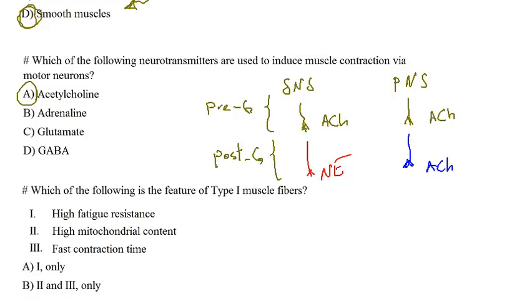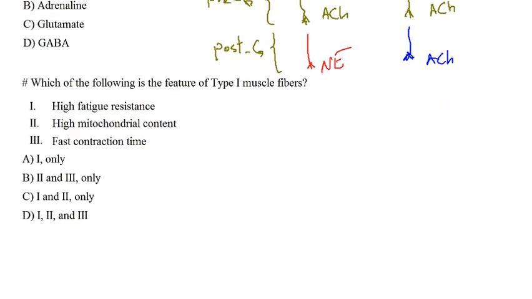And then the final question is, which of the following is a feature of type 1 muscle fibers, or red muscle fibers? They are highly fatigue resistant. That's correct. They have high mitochondria content. That's correct. They also have high myoglobin content because they rely on aerobic respiration. And then fast contraction time, that would be incorrect, because we just discussed that in comparison to white muscles, for instance like a cheetah's, which are much faster, our red muscles, the type 1 muscles, have a slow contraction time.